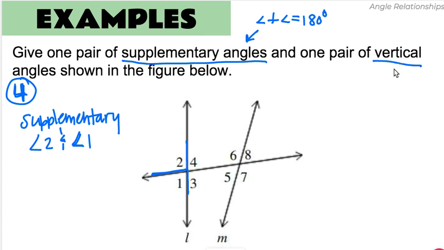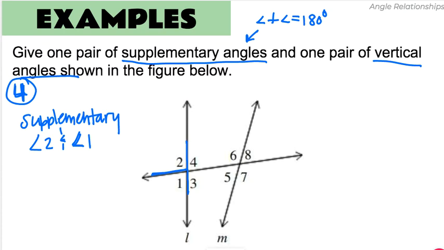Then we need a pair of vertical angles. Okay. Now vertical angles, if we go back to our instructions, we're looking at two lines crossing. If I can find where two lines cross, angles that are opposite from each other are vertical.